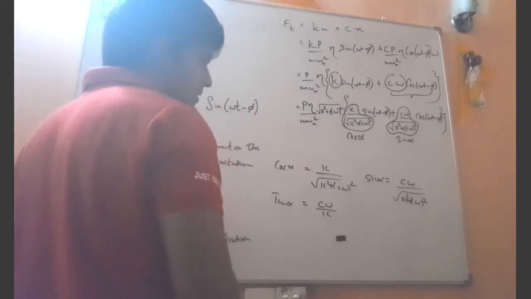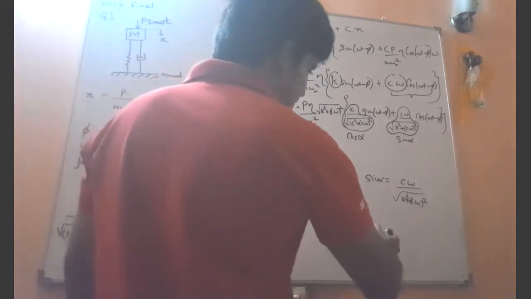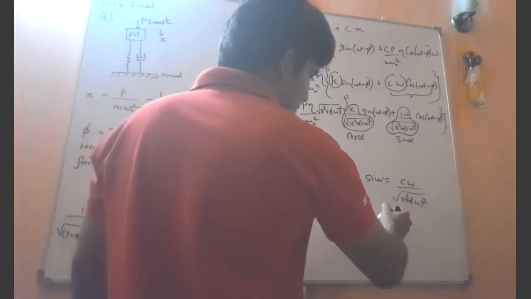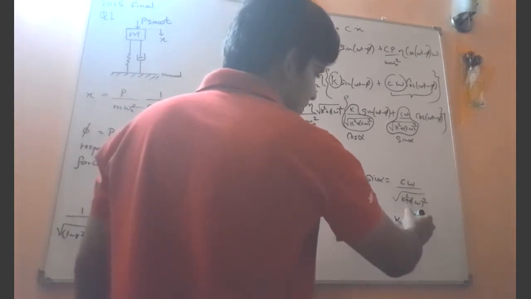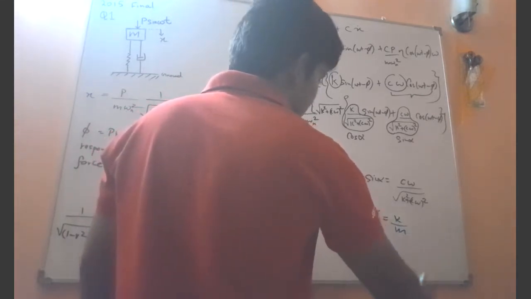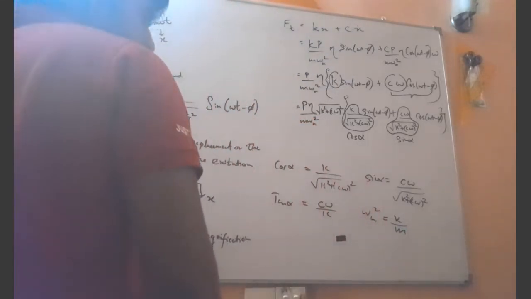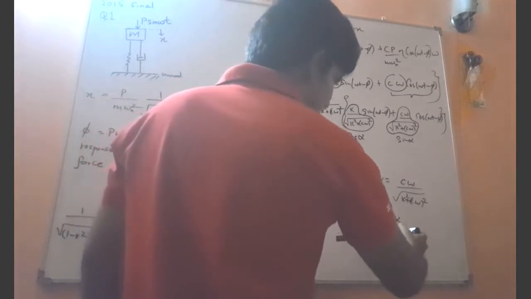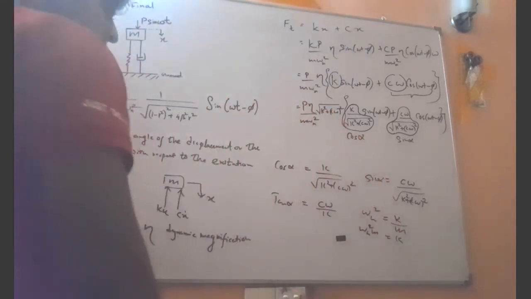You can further simplify this if you want. So how can we simplify that? Because you know that omega n squared equals k divided by m. Then what is k? k is omega n squared times m.